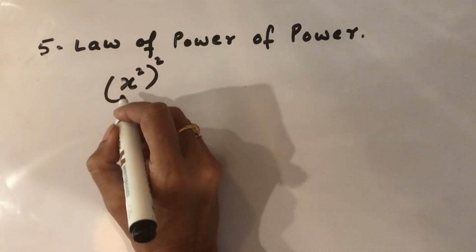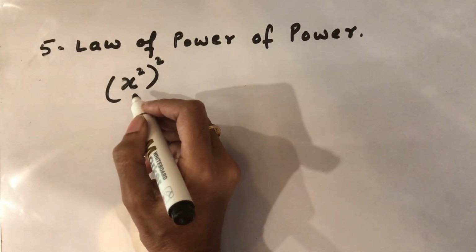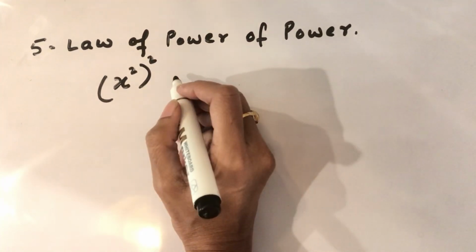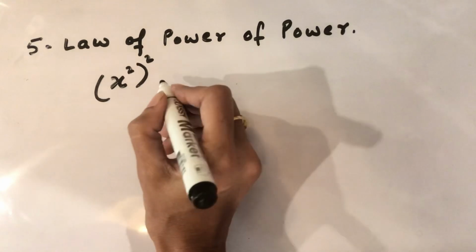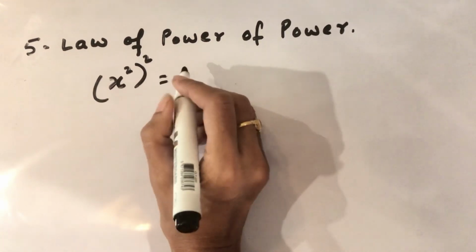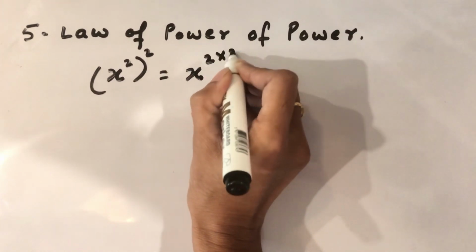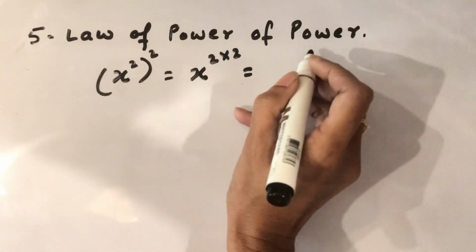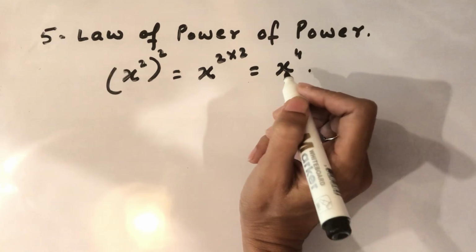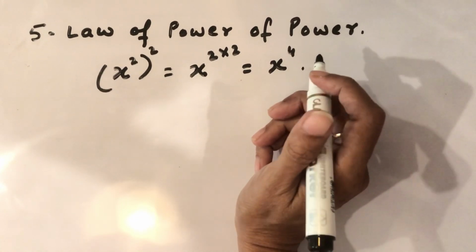Power of power means there are 2 powers, means x square is multiplied 2 times with itself. So when there is power of power, we keep the base and multiply their powers. It will be x power 4. When raising a base with a power to another power, keep the base the same and multiply the exponents.